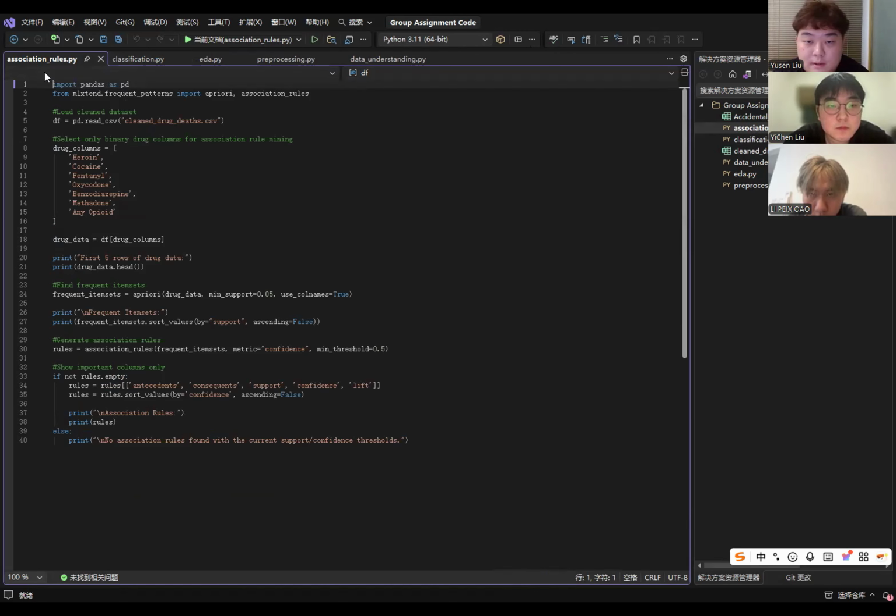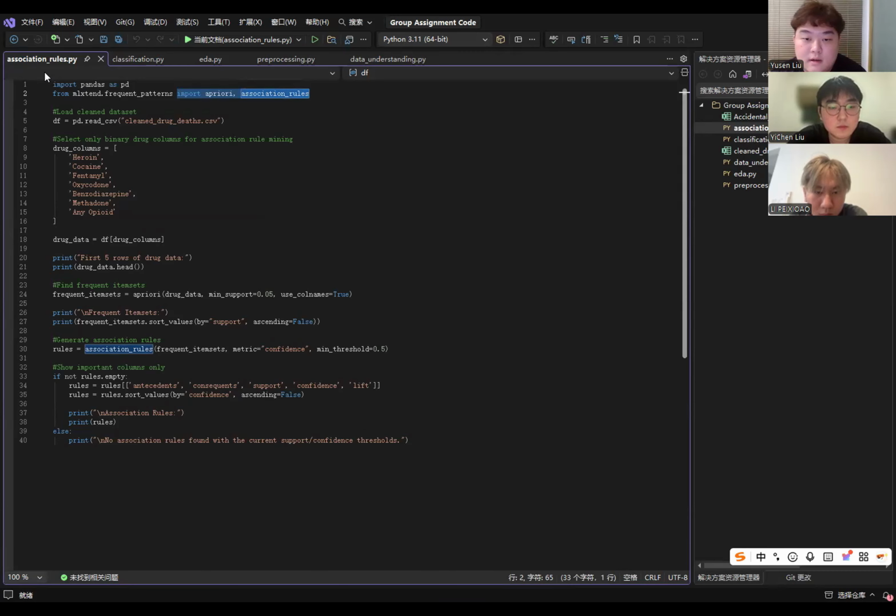It only finds the patterns and relationships in the data. And these are the main tools we used for the association rule mining.